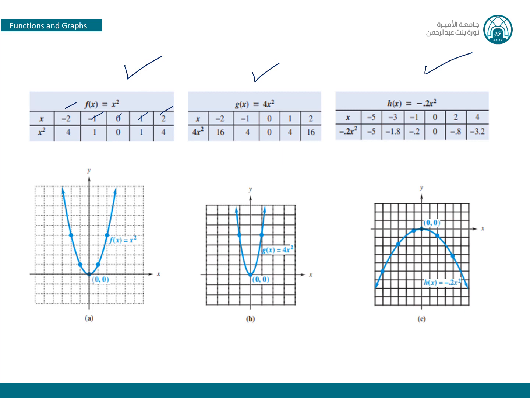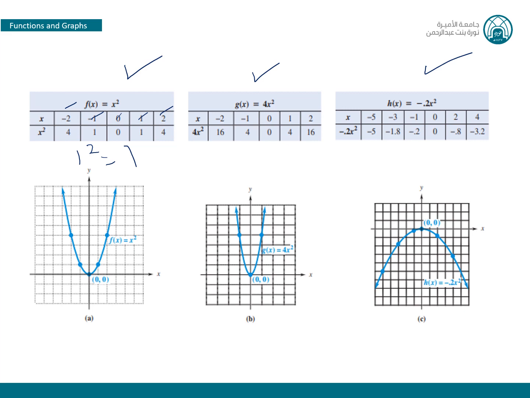If I put x as 0, we get 0 squared, which is 0. 1 squared is 1. Minus 1 squared is 1, because if we have a minus and the power is an even number, the sign will be positive. 2 squared is 4, and so on.